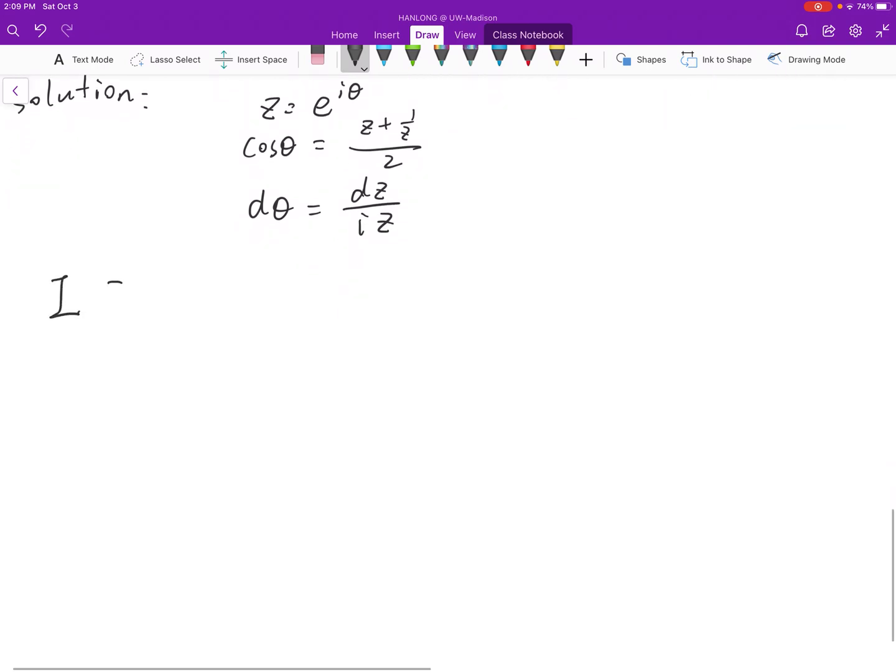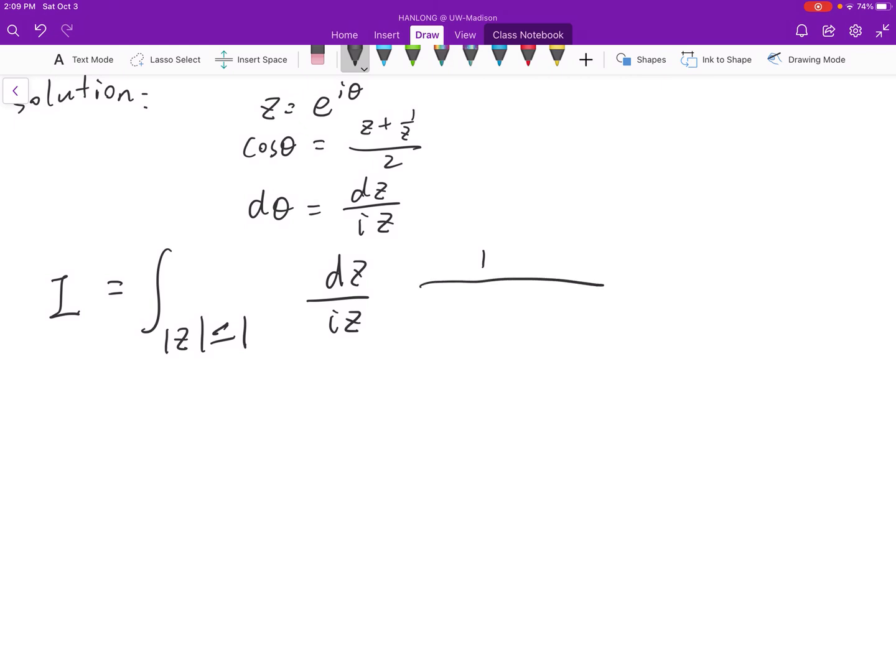Then the line integral equals the integral over the unit circle of dz over iz times 1 over 1 minus 2a times (z plus 1 over z) divided by 2, plus a squared.